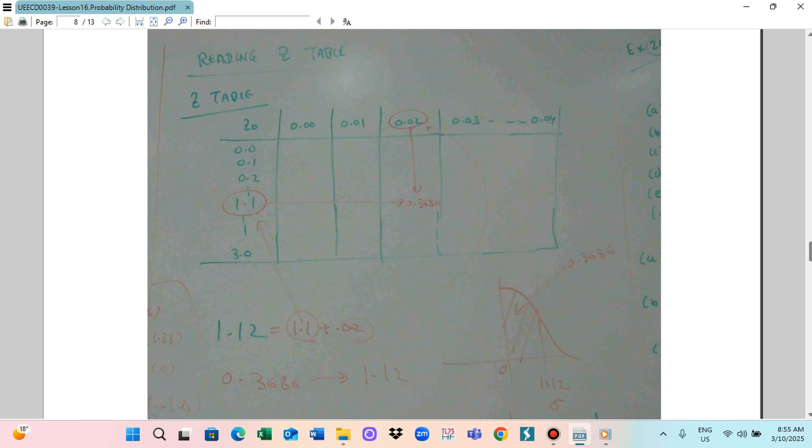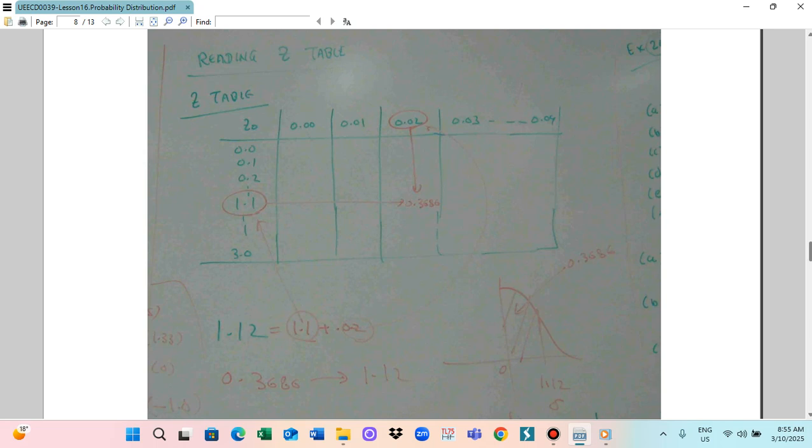Okay, now we want to read the 1.12. So how to read the 1.12? You look at the scale on the vertical range. Here you have the 1.1. This is the 1.1 and 0.02. So 1.1 and 0.02 will give the 1.12. 1.1 is here, and the 0.02 is here.